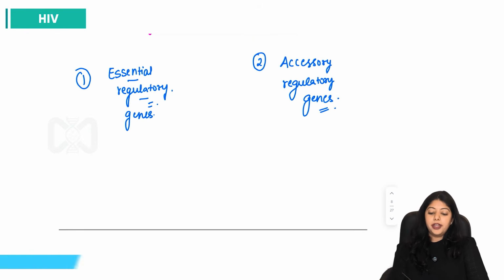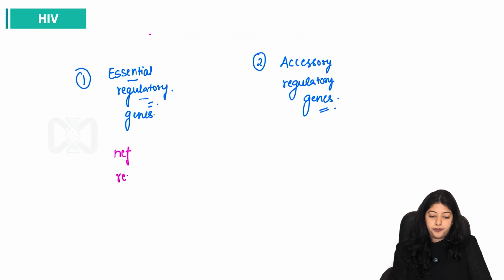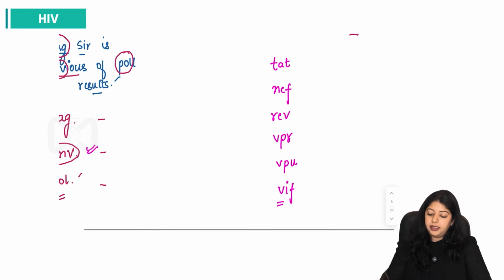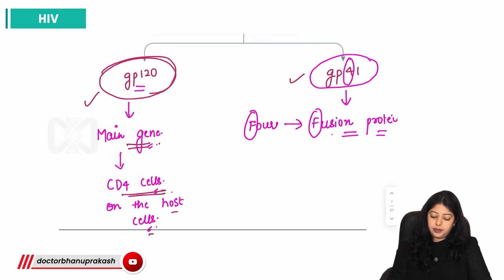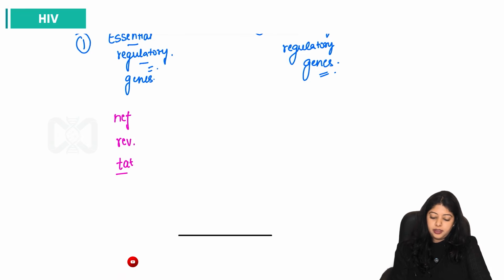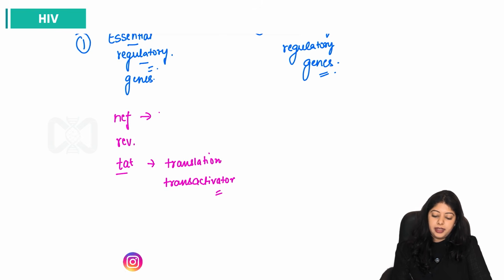What are these essential regulatory genes? We have a total of 6: 3 essential and 3 accessory. Essential ones include NEF, REV and TAT. These are the essential genes. TAT is the translational transactivator gene, whereas NEF is the negative factor.